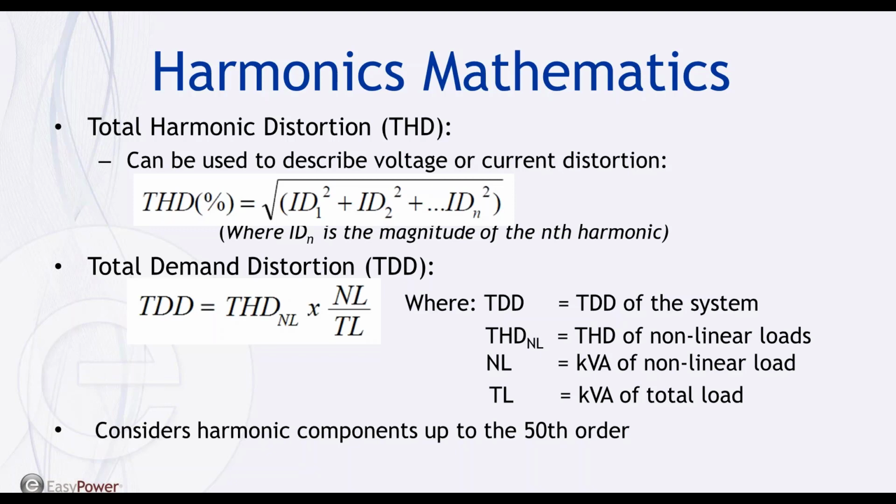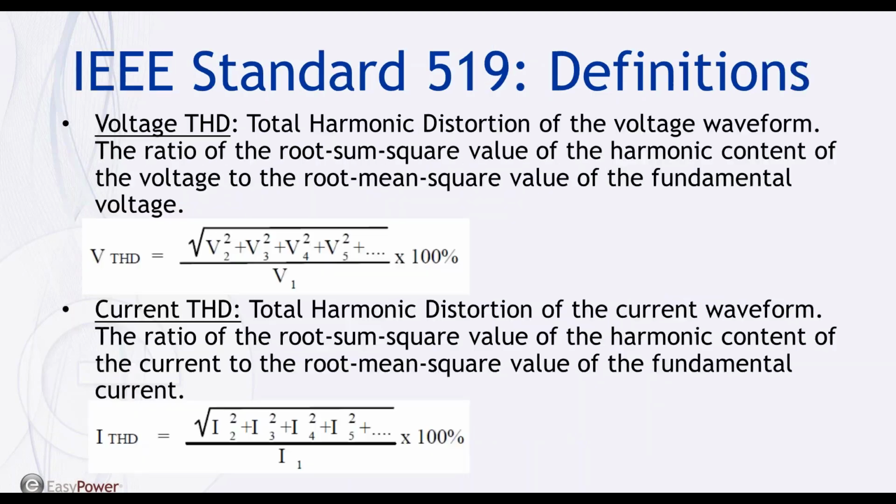Per the IEEE 519 standard, these equations consider components up to the 50th order. However, I'd like to note, it also notes that components of order greater than 50 may be considered if necessary.